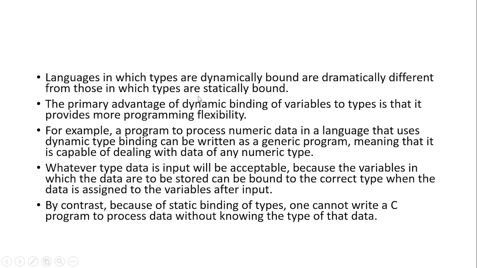The primary advantage of dynamic binding of variables to types is that it provides more programming flexibility. For example, a program to process numeric data in a language that uses dynamic type binding can be written as a generic program, meaning that it is capable of dealing with data of any numeric type.